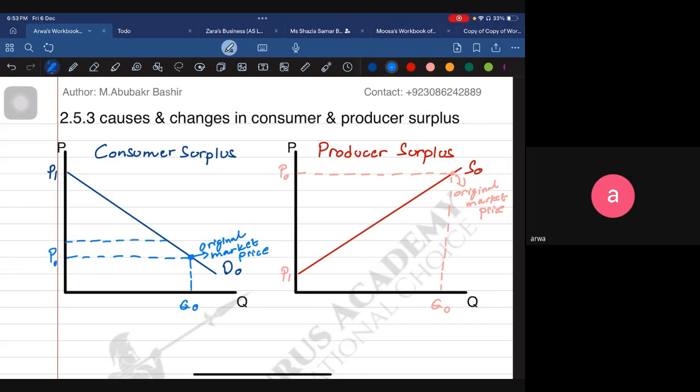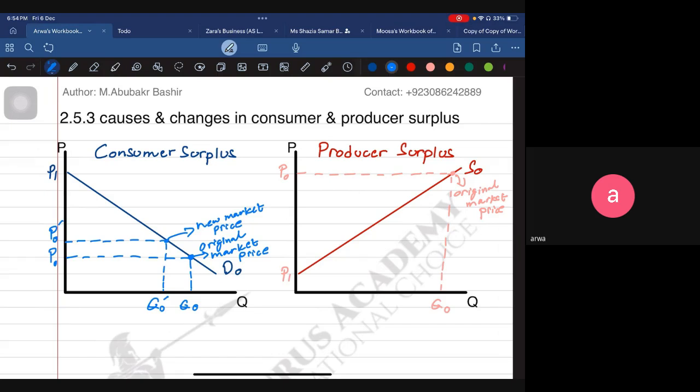Here, I'm talking about a price increase, P naught dash with Q naught dash. And this is the new market price, right? Yes, sir.